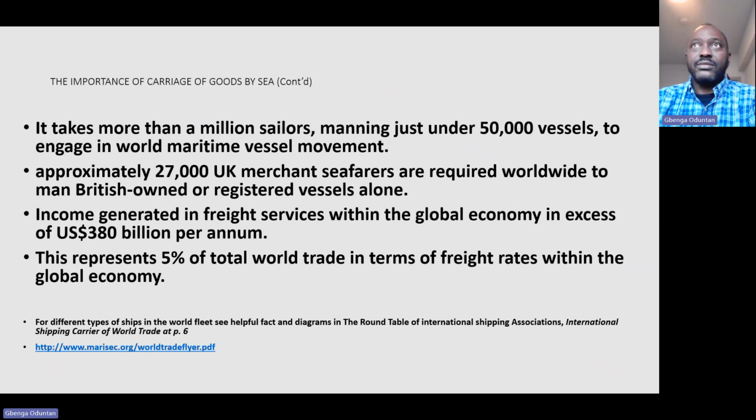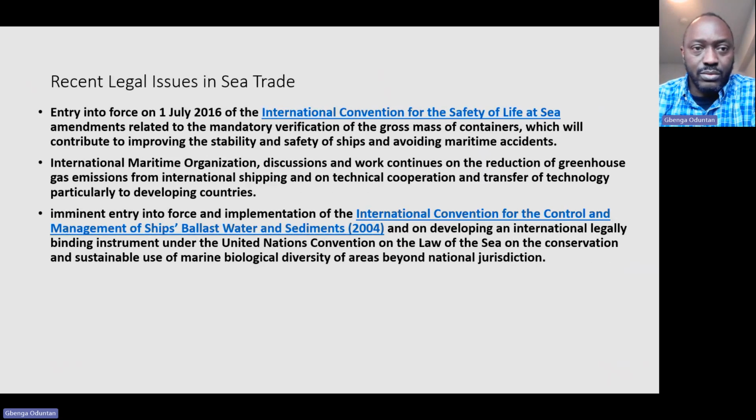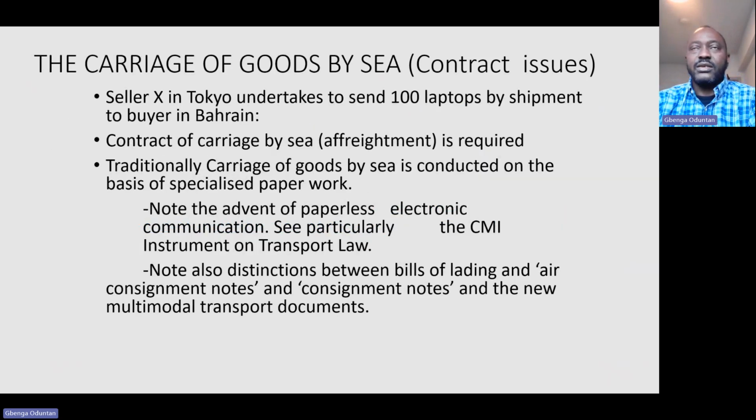Having said that, it remains to talk about the contractual papers and the law that relates to the practice of maritime transportation. In that sense, I move to introduce to you the contractual issues in the carriage of goods by sea, law and practice.